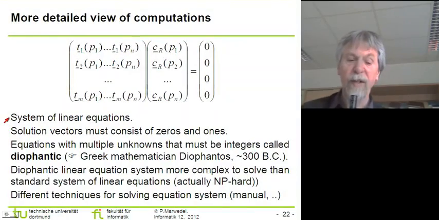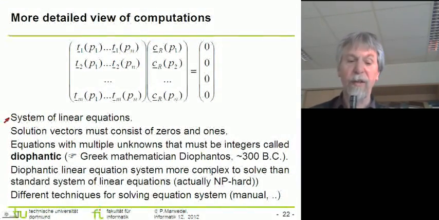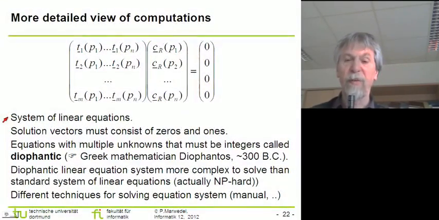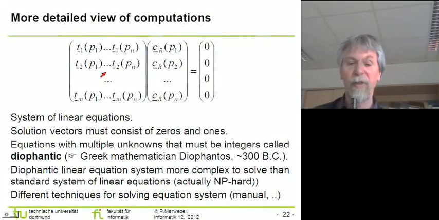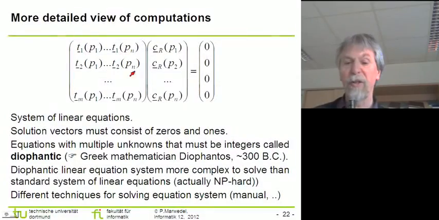So now we have arrived at a system of linear equations, and our goal is to solve that system of linear equations. This matrix N does reflect the structure of our model. This vector reflects the unknowns.